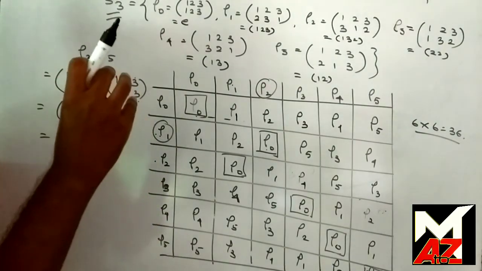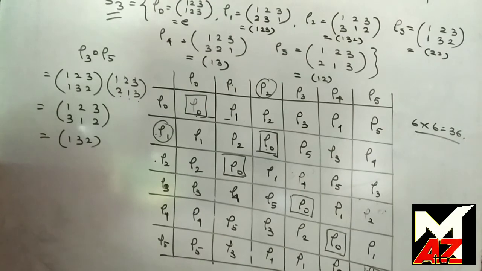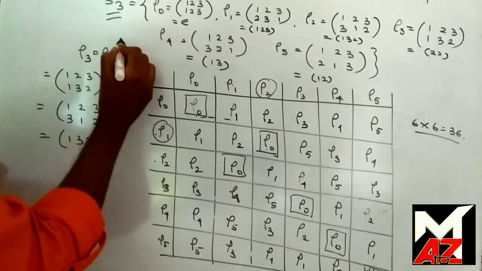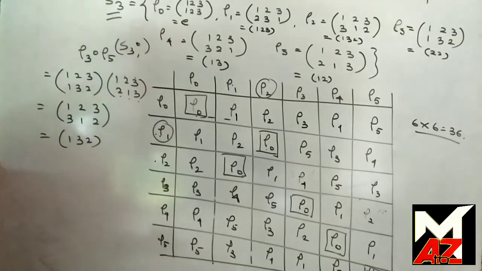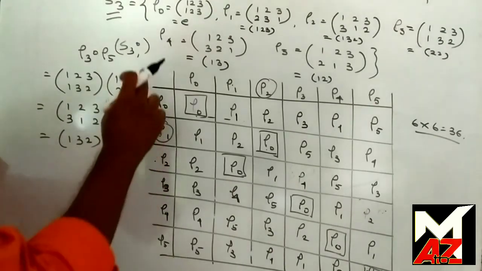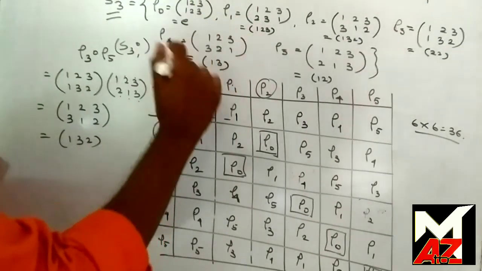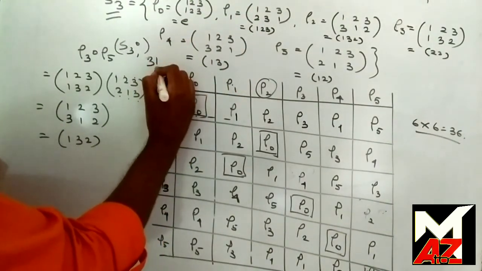So this forms a group, and this group S3 together with the usual composition of mapping is the symmetric group of 3 symbols, and it contains 6 elements, that is factorial 3.